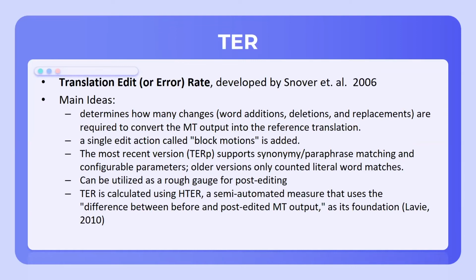Also, there is one single edit action called block motion. The most recent version, TERp, supports synonymy or paraphrase matching and configurable parameters. Older versions only counted literal word matches. Now the new version takes a look at synonymy and paraphrase. Also, it can be utilized as a rough gauge for post-editing.